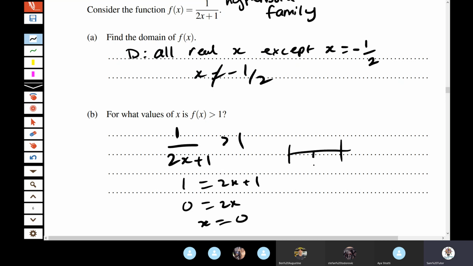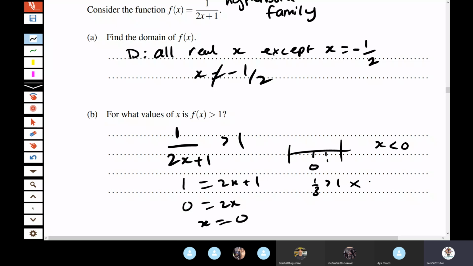So then you want to test it. Let's just say you've got your number line. There's your 0. Pick a point. Let's say if you picked 1. 2 times 1 is 2. 2 plus 1 is 3. Is 1 over 3 bigger than 1? No. So as long as x is less than 0, something's gone wrong, hasn't it? It sounds weird. All right, that's fine. We accept it.